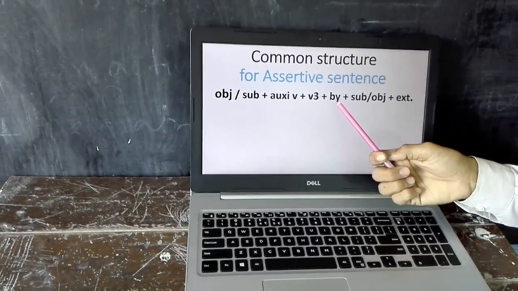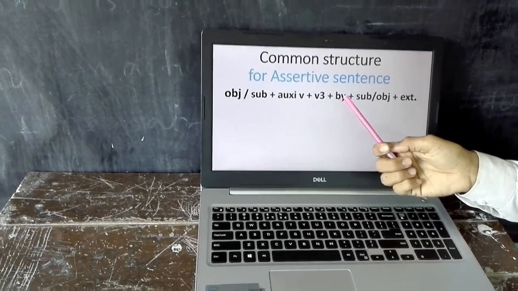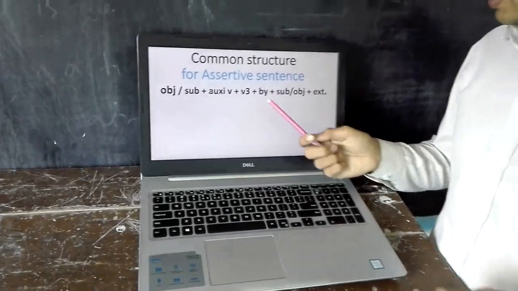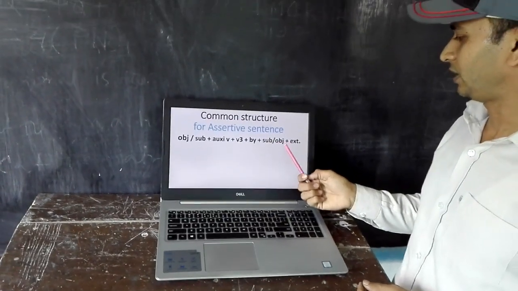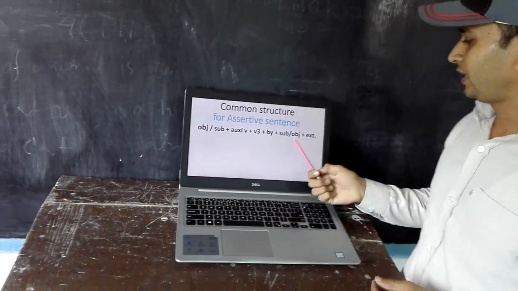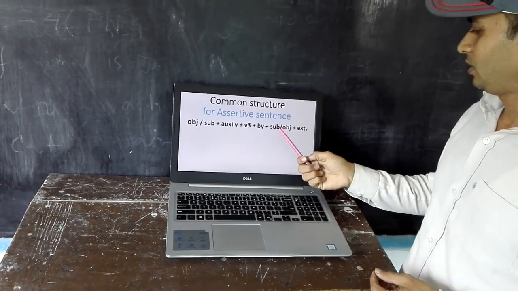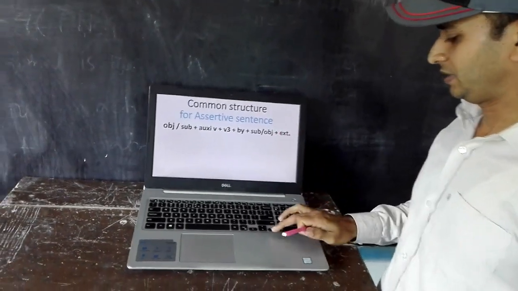And you already know that in some other cases to or at will be used, but most of the time the preposition by is used, plus subject as object. Here subject of active voice will be object plus extension.